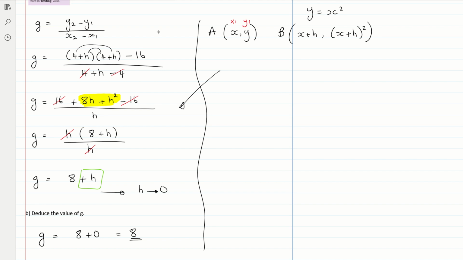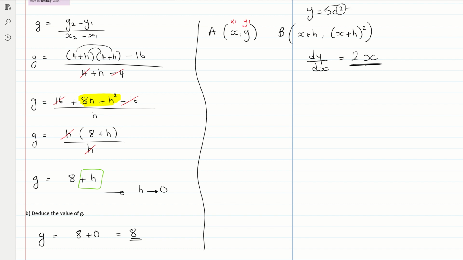And what you end up with is the actual derivative. So you remember, I hope, that if we differentiate, if we find dy over dx, we multiply the power by the coefficient. So 2 times 1 is 2, and then we take away 1 from the power, so it becomes 2x.